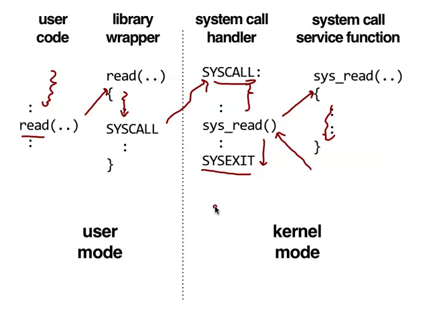Because you're already suspended, there's no point going back to the same process again unless necessary. And if this process or another process needs to be restored, system exit will restore the process parameters, the context of execution, and then you return to the user mode, meaning it goes back and switches back the bit in the CPU register, right, to indicate it's back to the user mode. So you come back to here, finish execution, and then come back to the user code, and then exit.